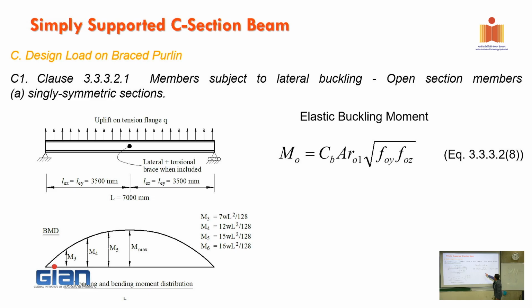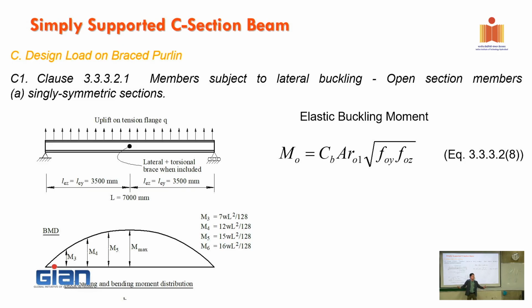And for the elastic moment, because this one is simply supported, subjected to uniformly distributed load, of course you get a bending moment looking like this. So in the equation here, you got CB, which is what we call a shape factor of the bending moment. It takes into account the shape of the bending moment.